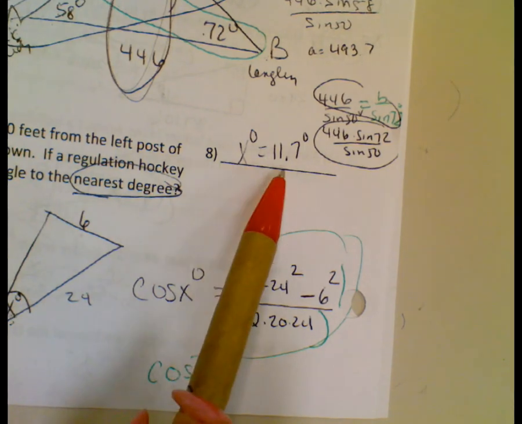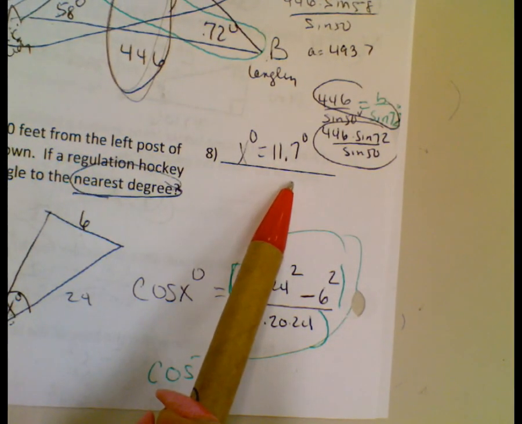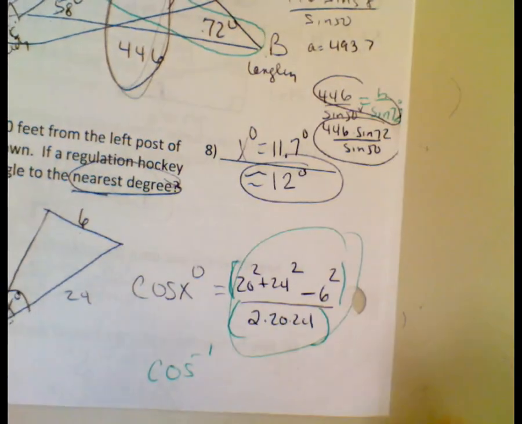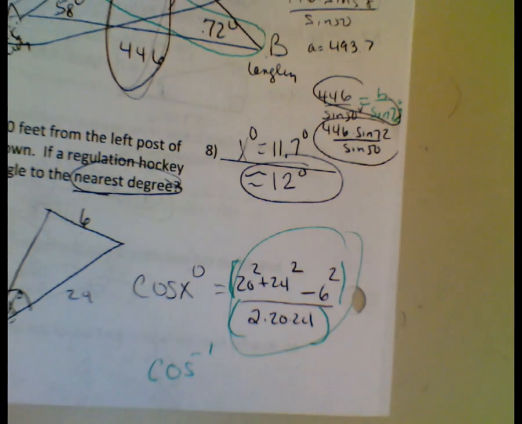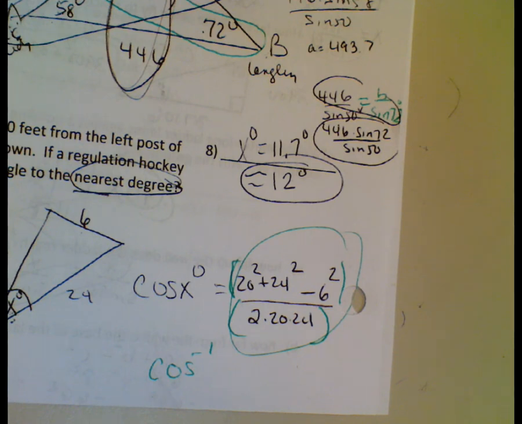Would that be 11 or 12 degrees? Nearest whole degree. So you would say it's about a 12-degree shot. If you ever listen to announcers, they're going to say what angle degree they're shooting from. And that was number 8.